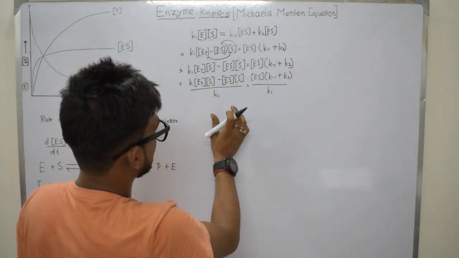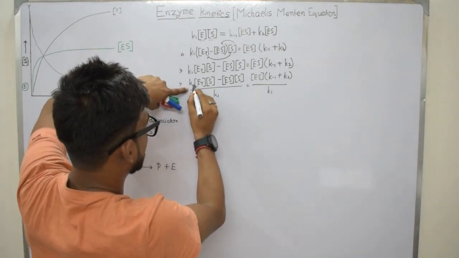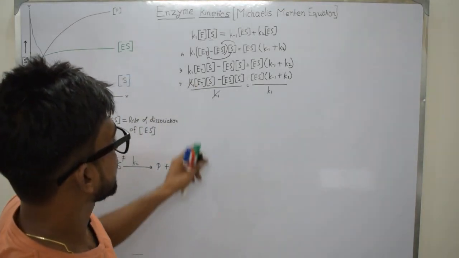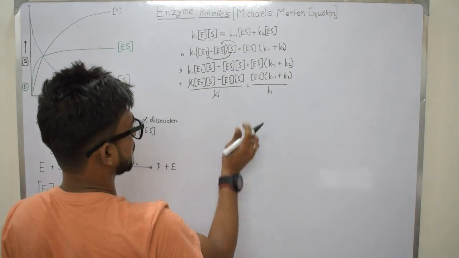Now this K1 and this K1 will be removed, and we will end up with this equation.